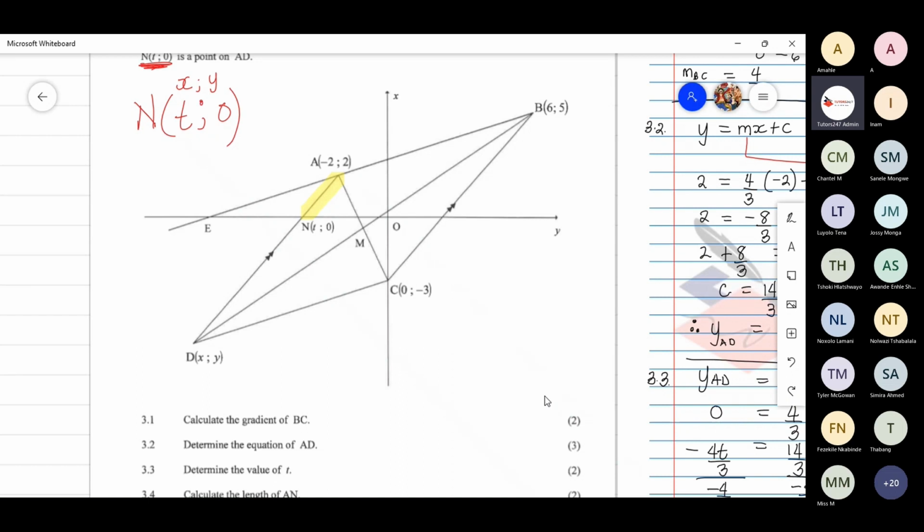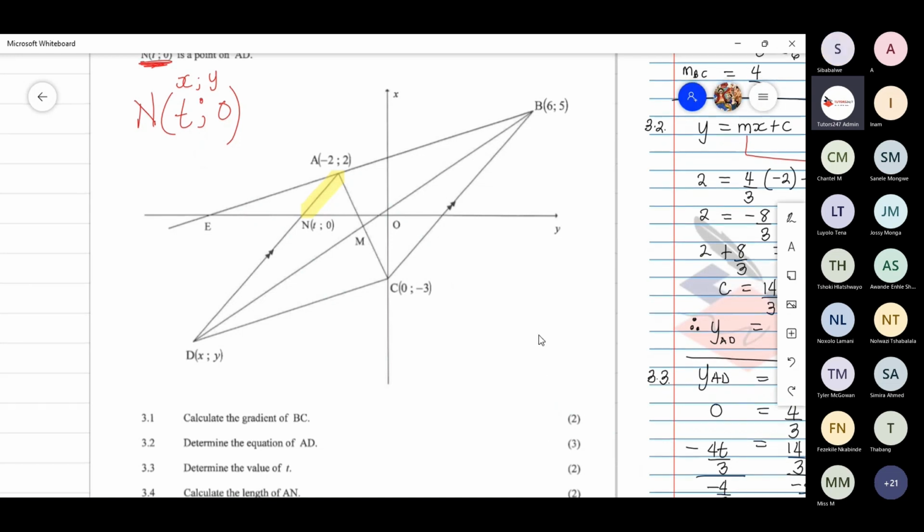So because they stated length AN, it means you have to use coordinates A and N because those are the ending points of the line AN. If they told you calculate the length AD, you would use coordinates A and D. It is not the same as gradient whereby you can calculate using any points on the line. You have to use the ending points that will give you length or distance.